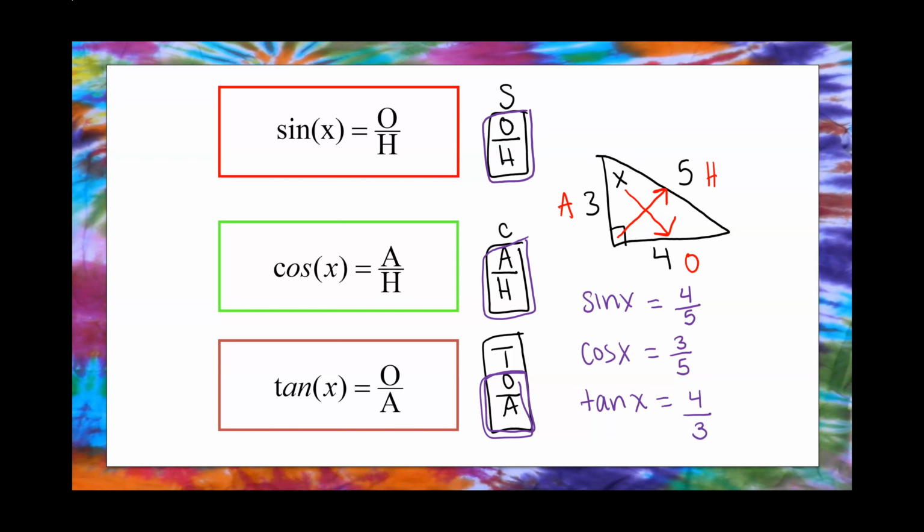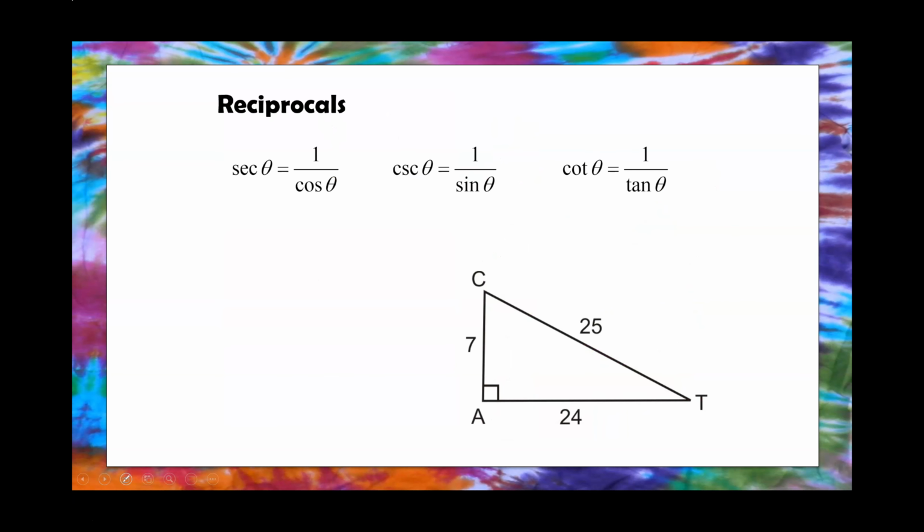All right. Reciprocals. If you take the reciprocal of cosine, you get secant. Well, cosine is adjacent over hypotenuse, so secant of an angle is going to be the reciprocal of adjacent over hypotenuse, which is hypotenuse over adjacent.